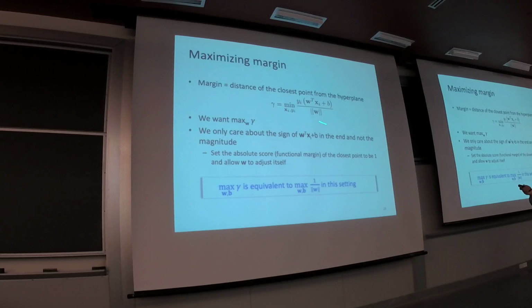This is the distance between this particular example xi and the hyperplane. Now our objective becomes maximizing this margin. So we can substitute this minimization formula for gamma here, and end up with our first optimization problem, which is a max-min problem.